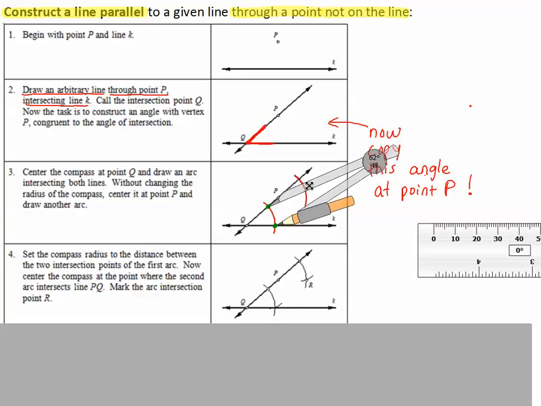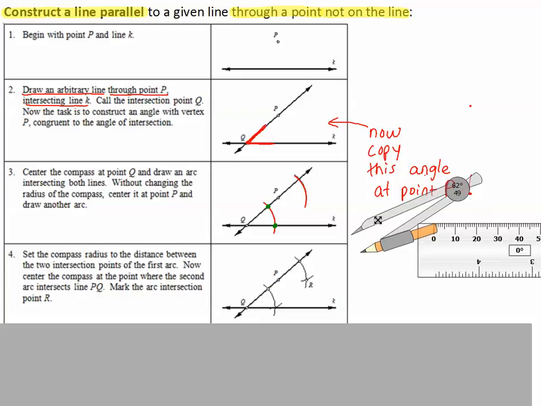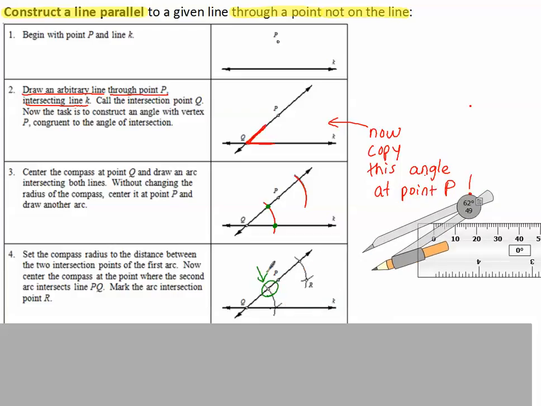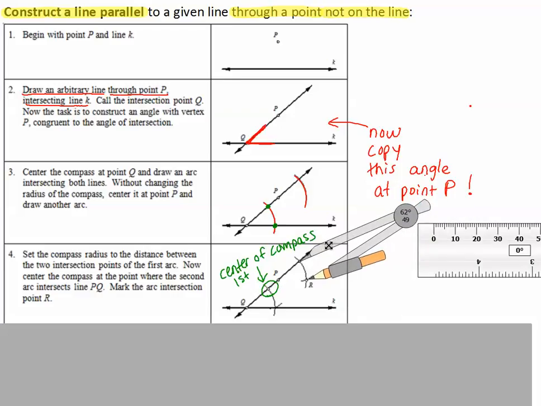So I'm going to put the center of my compass here to draw that arc. So perhaps you make yourself that note where they're showing the little arcs. The center of the compass first goes here, then we can move it over here and draw that little arc. Okay?